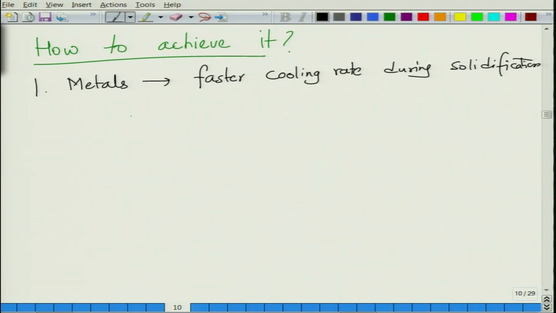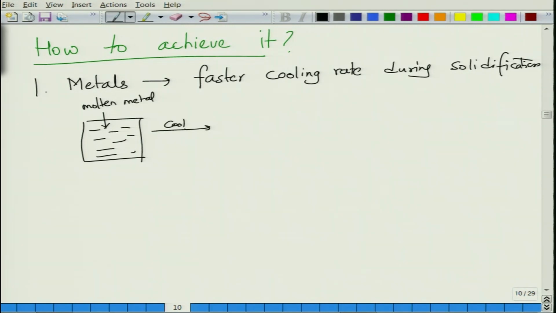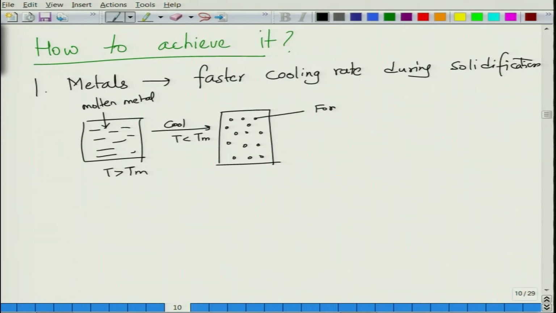So, when you melt a metal, so this is, let us say, the molten metal, and as you cool it, so this is T greater than Tm, which is the melting point. As you cool it to a temperature T less than Tm, it solidifies. But the solidification process requires the formation of small nuclei. So, smaller nuclei will form.